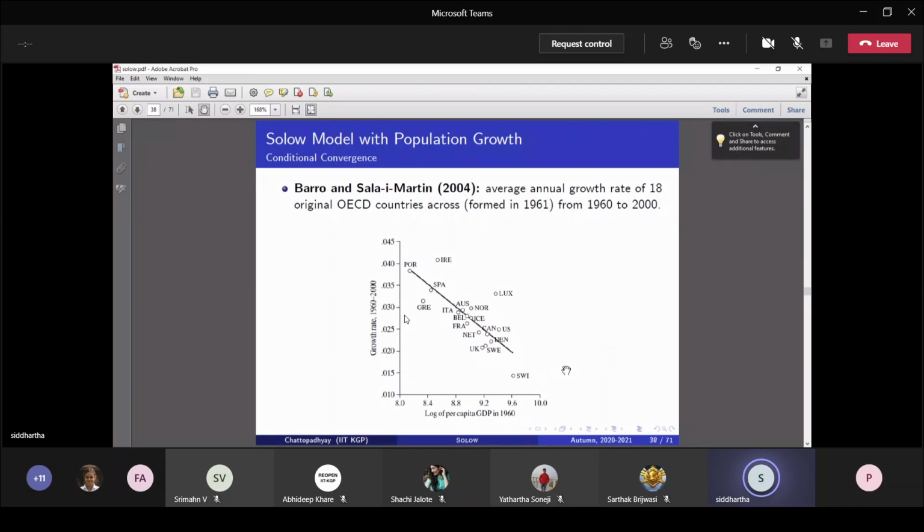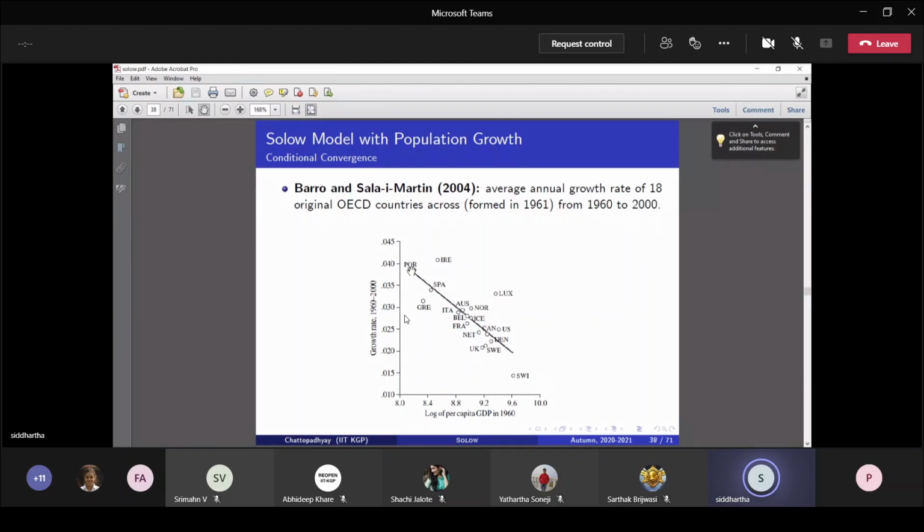This particular figure is in line with the prediction of the Solow model. So if we analyze only these 18 developed countries, the prediction of the Solow model clearly holds. The poorest country among these 18 developed countries has the highest growth rate, which is Portugal or Ireland.